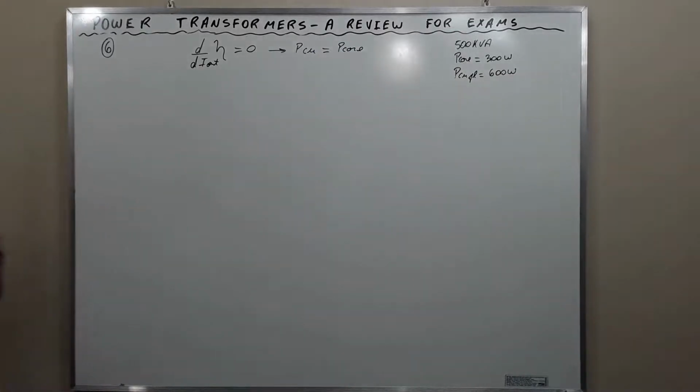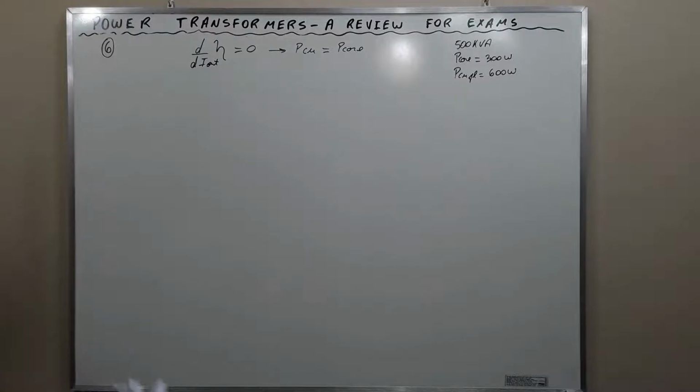When the core losses are equal to the copper losses, we have maximized the efficiency of the transformer. Observe that the core losses are fixed and that the copper losses vary with load level, and are proportional to the square of the output current.